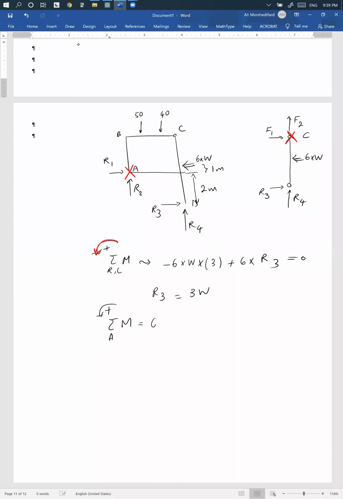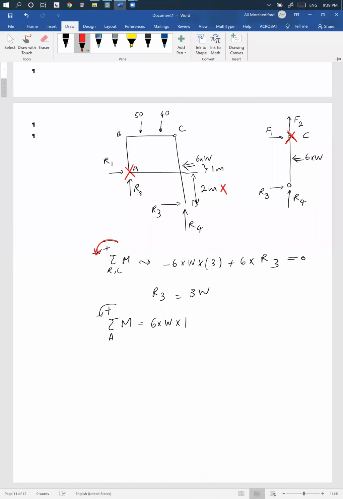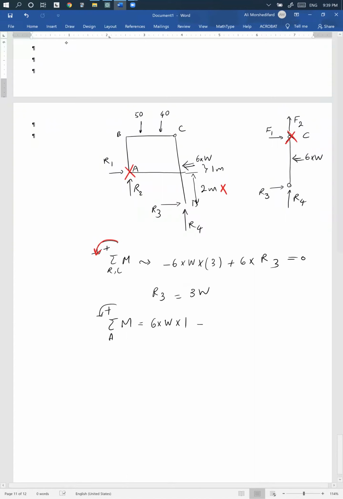So 6 times W times 1, which is this distance, right? 6 times W times 1, negative 1.5 meter, which is this distance, right? Now this is in this direction, so it's in the negative direction of our convention.